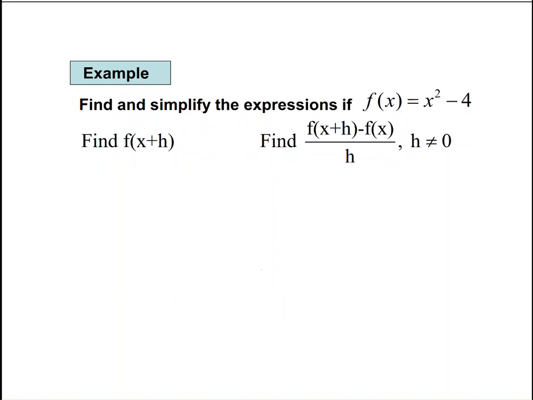So again, the first thing that we're going to find to help us simplify the expression a little bit easier, we're going to find part of it. We're going to find f of x plus h. So my original function was x squared minus 4. So I put parentheses squared minus 4. And wherever I have an x in my original function, I'm going to replace it with x plus h.